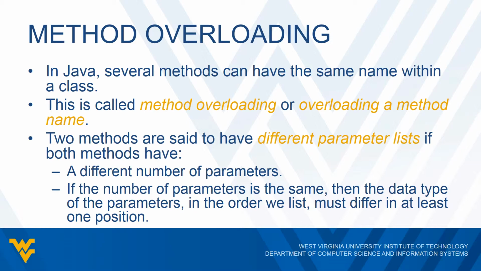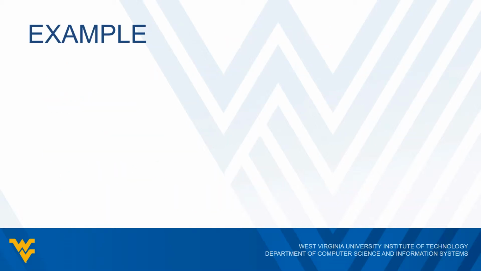So maybe one method has 2 parameters and the other has 3 parameters, or if they have the same number of parameters, then at least one of the corresponding parameters has a different type. For example, if they both have 2 parameters, and one of them has 2 ints and the other has an int and a double, then they're considered to have different parameter lists.